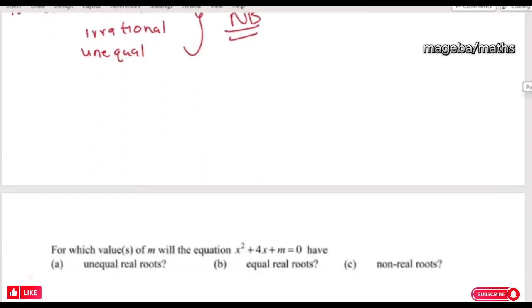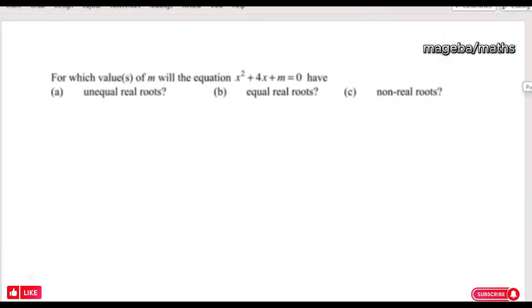Now, let's go to this one. For which values of m will the equation x squared plus 4x plus m equals 0 have unequal roots?